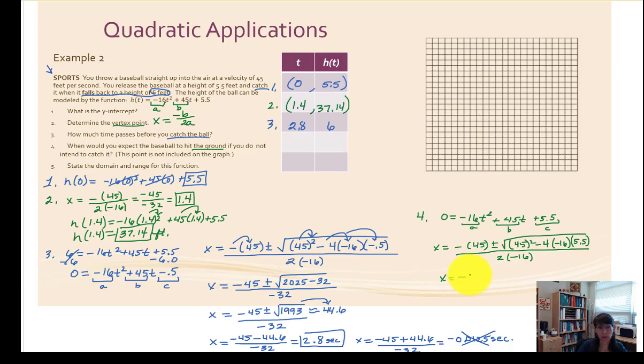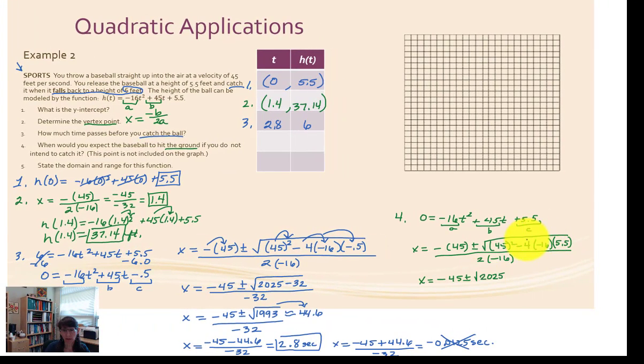X now equals negative 45 plus or minus, under this radical now, 45 squared. We've already worked with 45 squared in the previous question, so we know that's 2025. And we have our three factors, negative 4 times negative 16, but this time it's multiplied by 5.5.